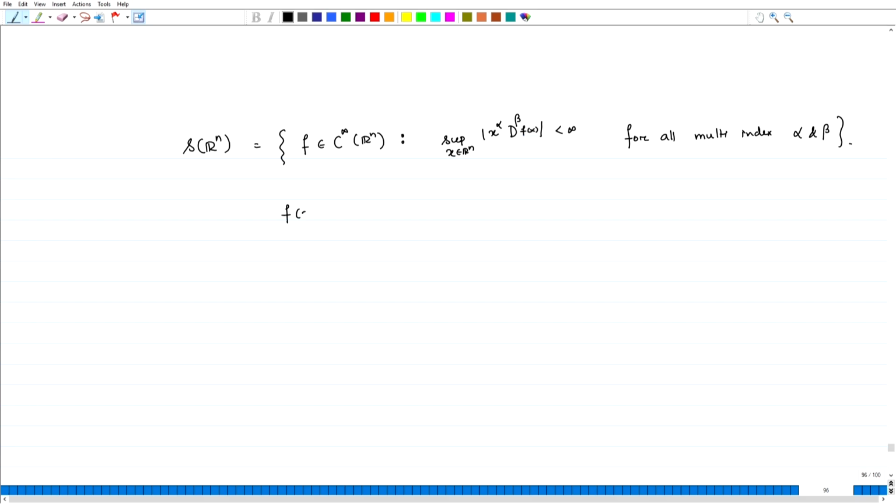If I define f of x equal to e to the power minus pi, and there it was x squared, here the natural choice would be mod x squared, then this is going to be in the Schwartz space. That will be easy, standard and straightforward to check. So, we will define the Fourier transform in R^n, and we will do analysis there and see some more applications. Thank you.